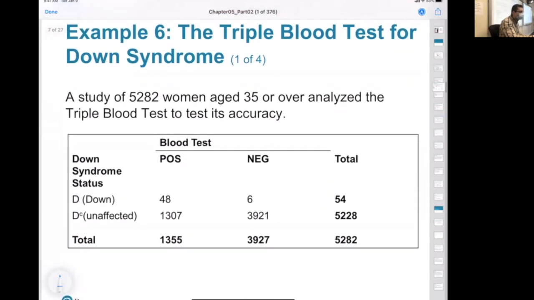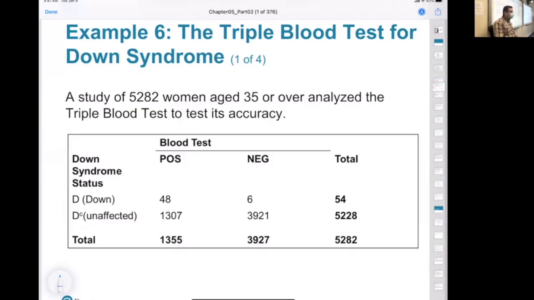Another example, the triple blood test for Down syndrome. As you can see here, we have a study of 5,282 women aged 35 or over who analyzed the triple blood test to test its accuracy. We have here the blood test result, positive and negative.